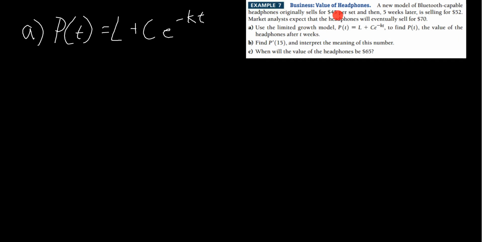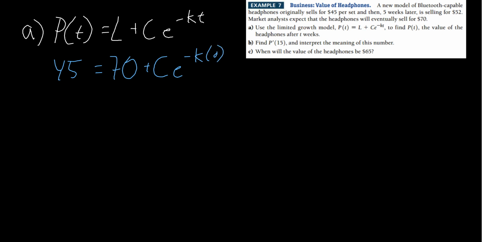So we're going to use that to find C. At the beginning they sell for $45. My limiting value here is $70 plus, well, we don't know what C is, and that's what we're trying to find out, C times e to the negative k, and then t in this particular case is 0.